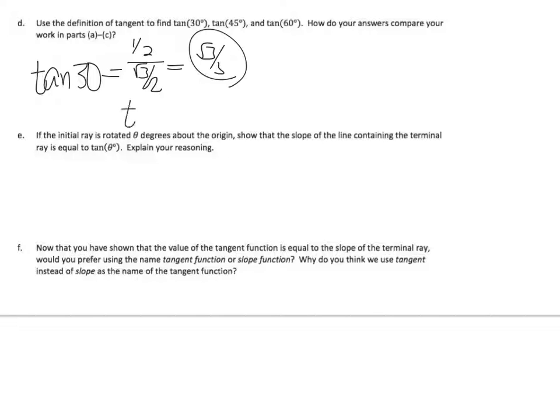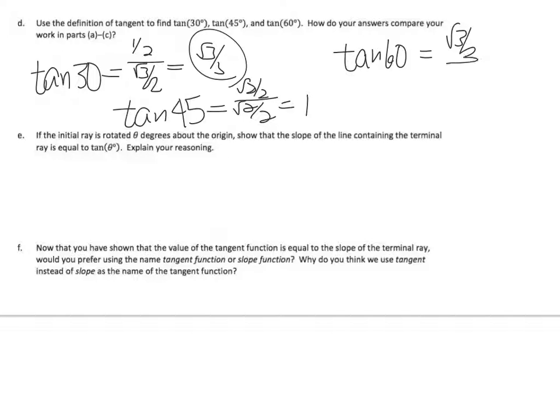And then tan 45 is opposite over adjacent, which is square root of 2 over 2 over square root of 2 over 2, which simplifies to 1. And then tan 60 is opposite over adjacent. Square root of 3 over 2 over 1/2 simplifies to the square root of 3.